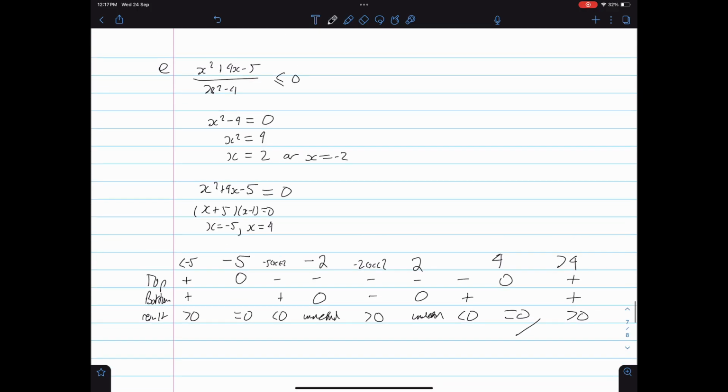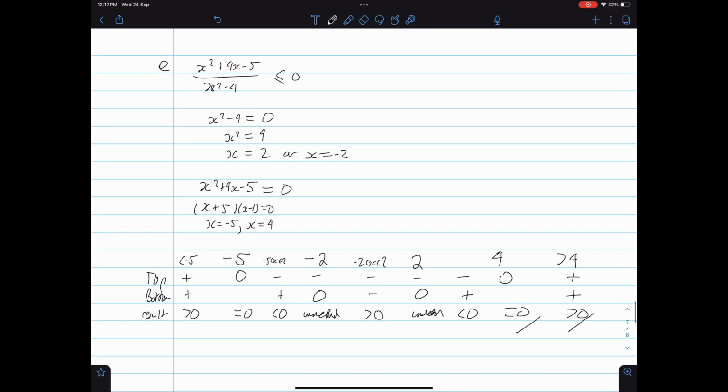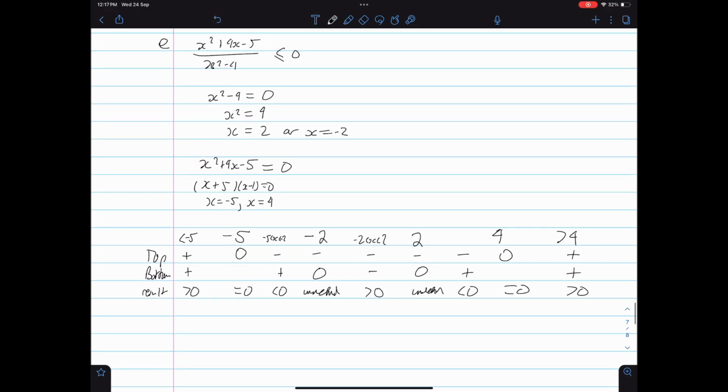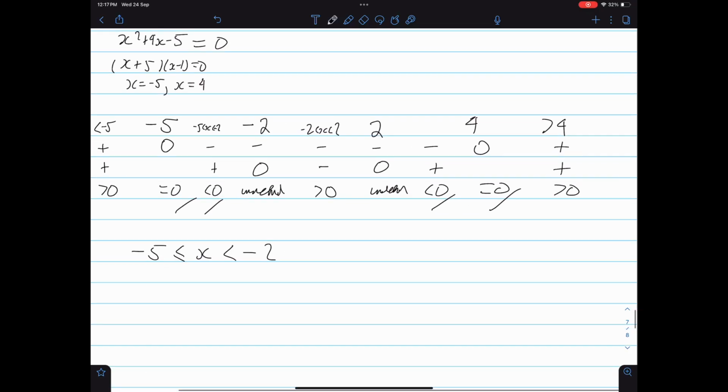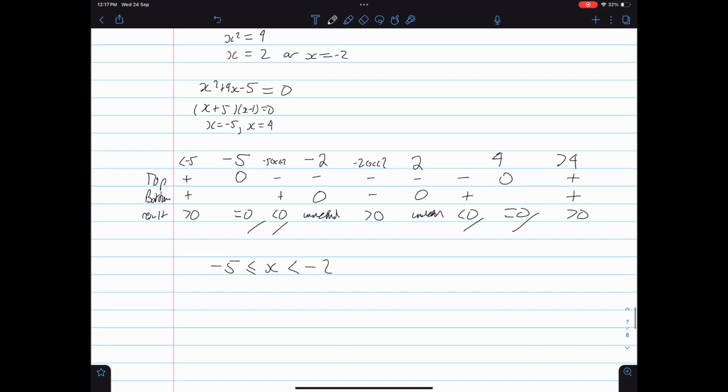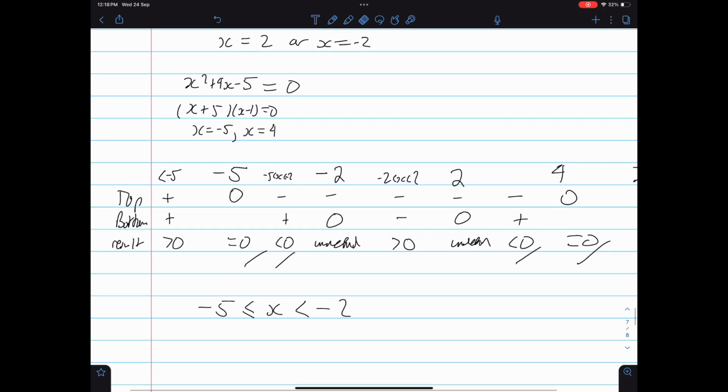So we want it to be equal or less than 0, it says. Tick, tick, tick, tick. So we want it to be minus 5, less than or equal to x, strictly less than minus 2, or over here, oh, what have I bungled up here? This needs to be 1.